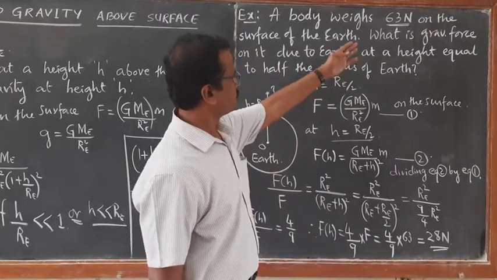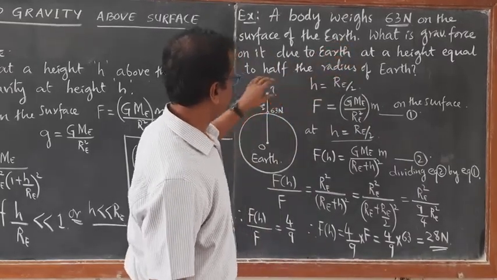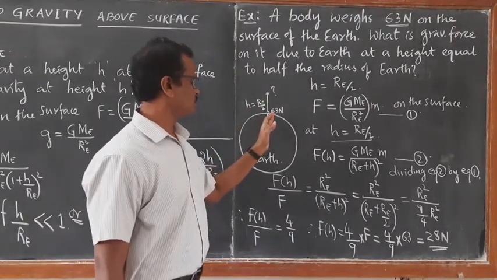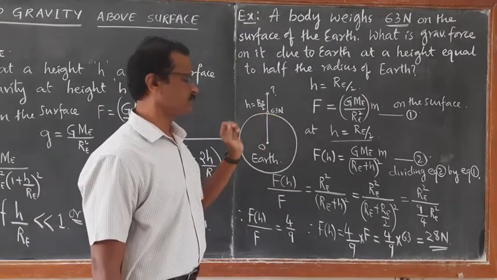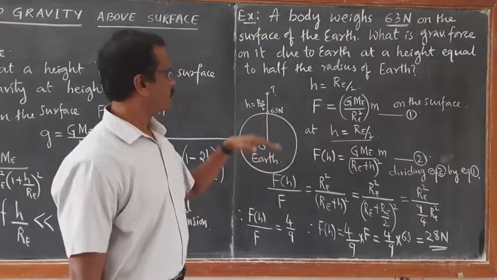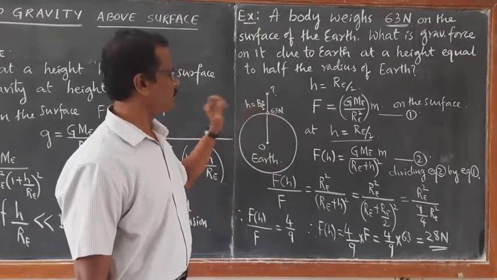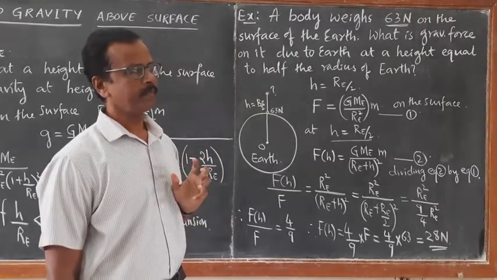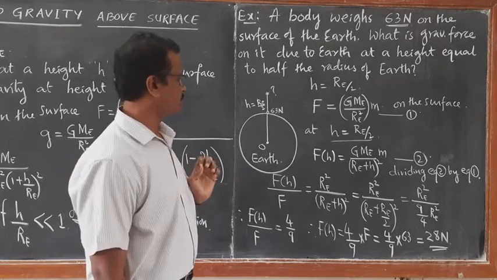So you can just look at this: a body weighing 63 Newton on the surface of the Earth will be weighing just 28 Newton when it is raised to a height of Re by 2. Okay? I think you got the point.